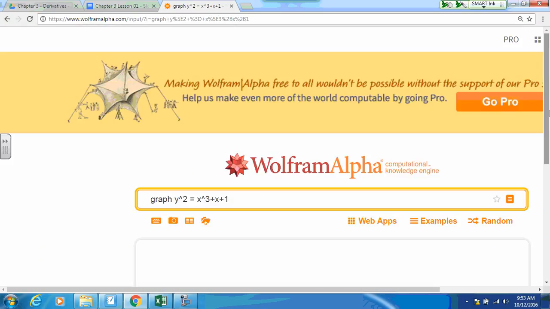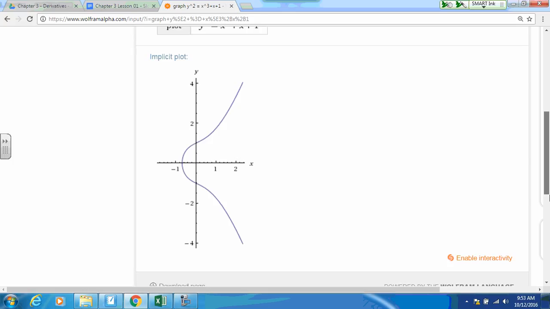Okay. And now when we graph this, lo and behold, it gives us a very cute graph, which is an example of what we call an elliptic curve. Observe that it has a top branch and a bottom branch.